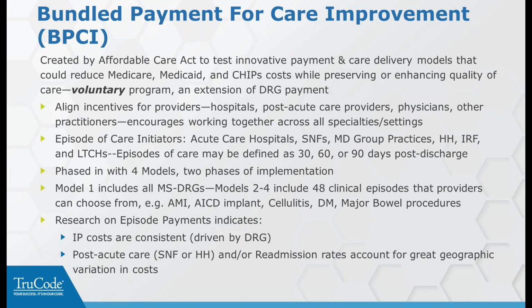They find great geographic variation in cost across the country when they start looking at these post-acute care settings and when they start looking at readmission rates. So it's going to be a focus to try to figure out how to bring some more standardization in care and cost in those post-acute care settings.